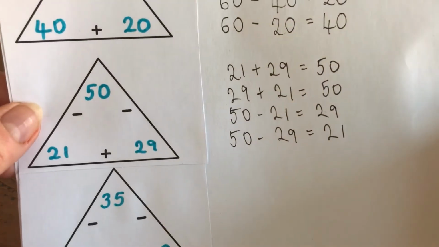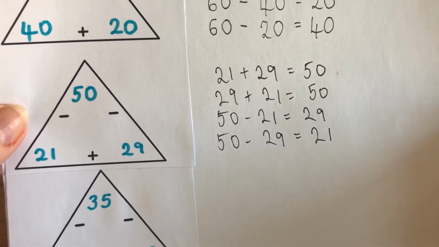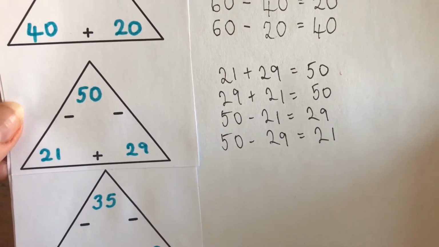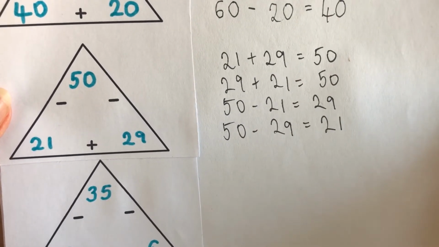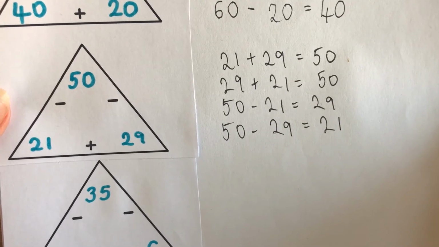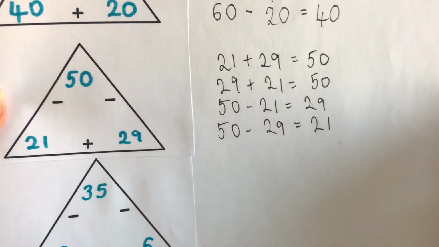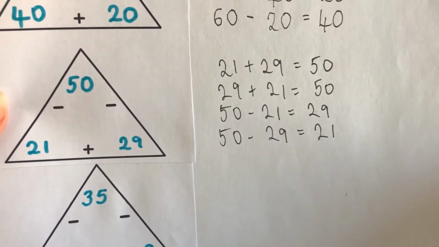So 21 add 29 equals 50. 29 add 21 equals 50. 50 take away 21 equals 29. 50 take away 29 equals 21.